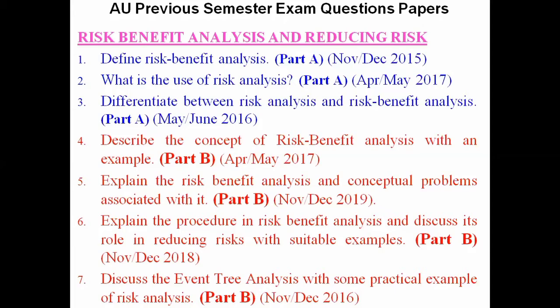Question number 7, discuss the event tree analysis with some practical example of risk analysis. So these are all direct questions, but they ask you to explain the concept with an example. When you explain these questions, just give a suitable example. Refer to the standard textbook or my slides and find the answer. Okay.